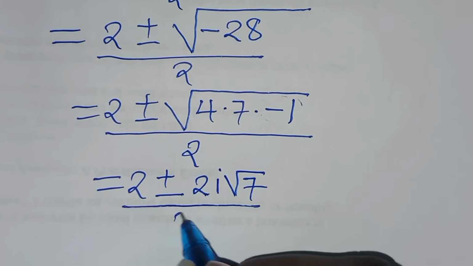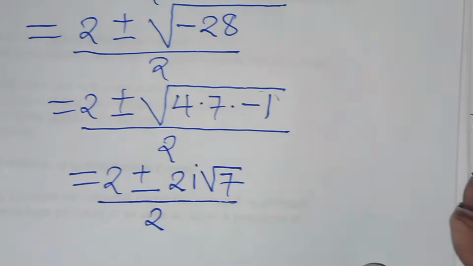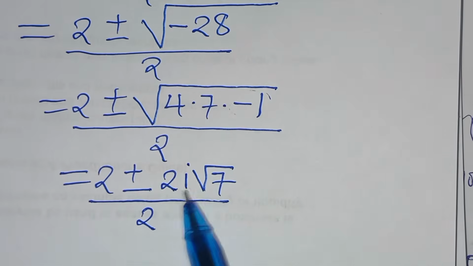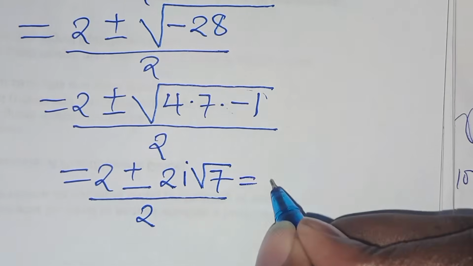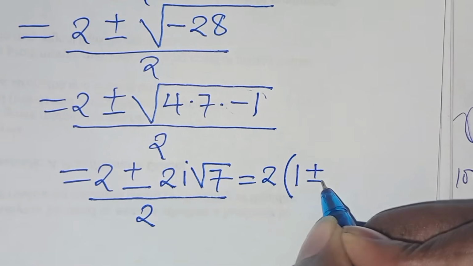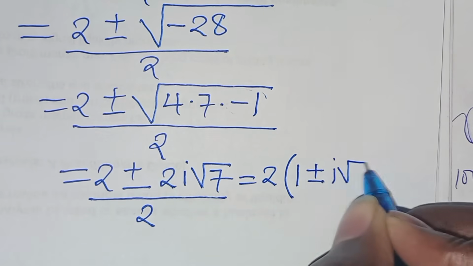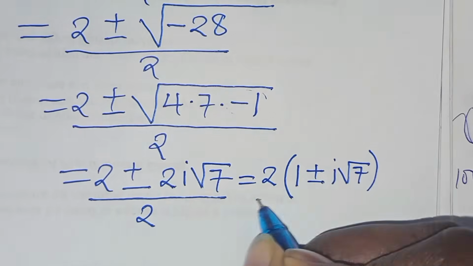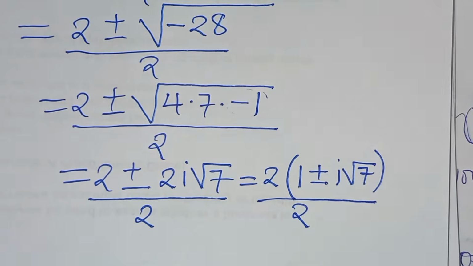Everything here divided by 2. So we have that 2 is common here. We can factor out 2, so that now here we have 1 plus or minus i square root of 7. Everything here divided by 2.